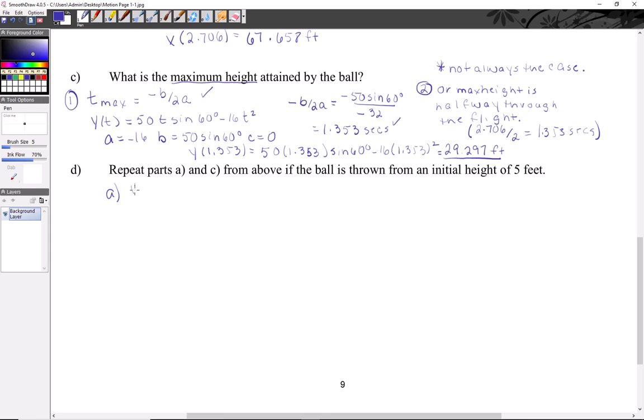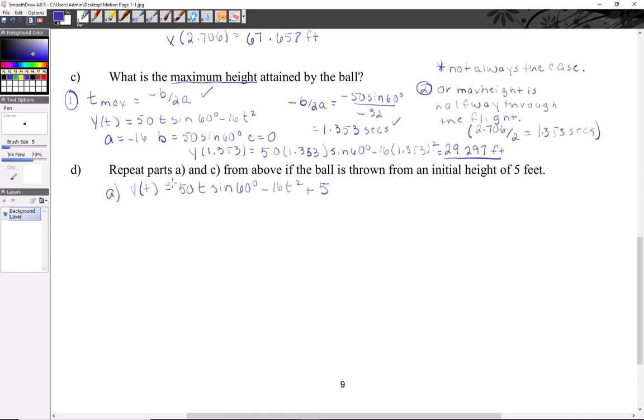So then y of t equals 50t sine, and we're keeping all the other values the same, so 60 degrees minus 16t squared, but now we're adding on a c value, so plus 5. That's your S0. All right?